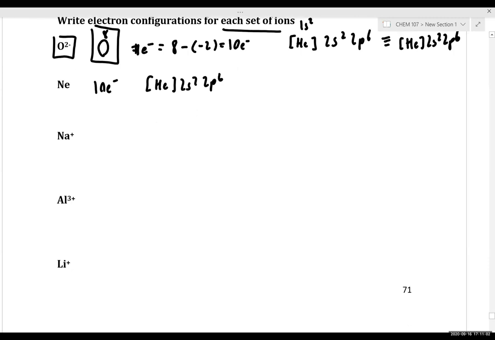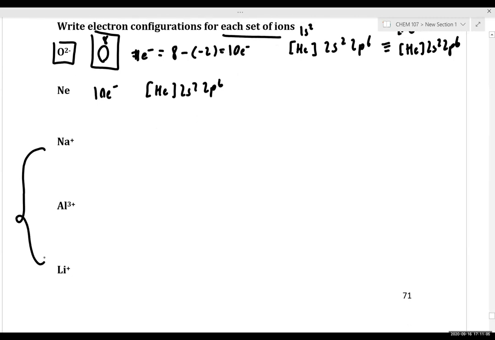So what I'd like you to do is look at the following 3 cations, and propose an electron configuration for each of them. Just for completeness, I'd like you to write out the noble gas configuration identifying the core and valence electrons, because noble gases, being 8A elements, will have 8 valence electrons.